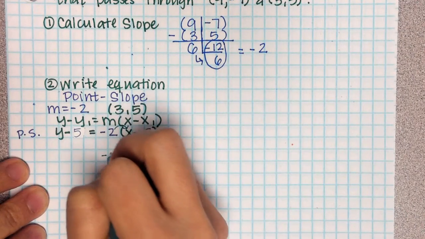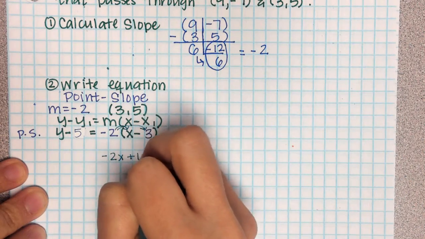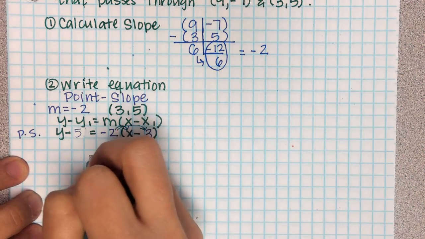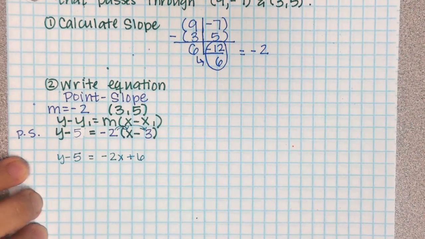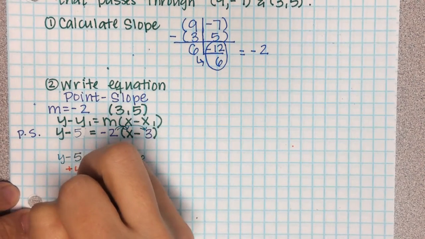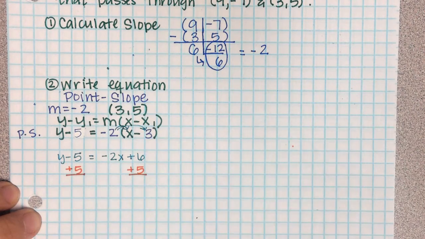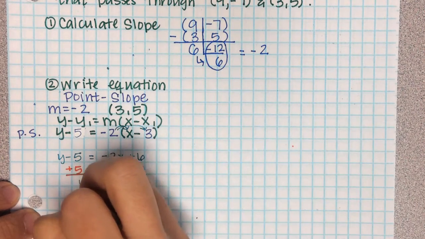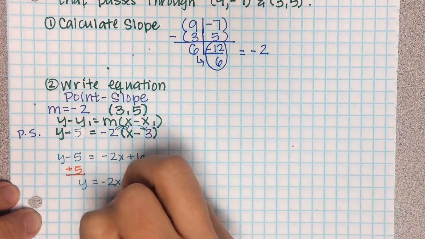So that's -2x, +6. Bring everything else down. Add 5 to both sides. So that's y equals -2x plus 11.